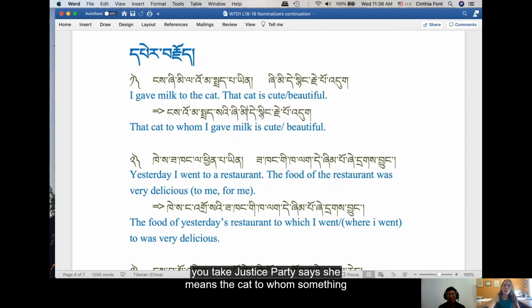If you take just this part, te se shimi means the cat to whom something was given, the cat to which something was given. This is the part that becomes very important here. Shimi la becomes te se shimi, if that makes any sense.